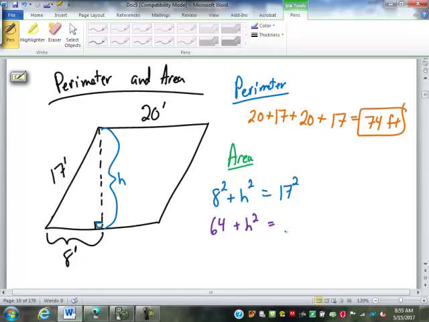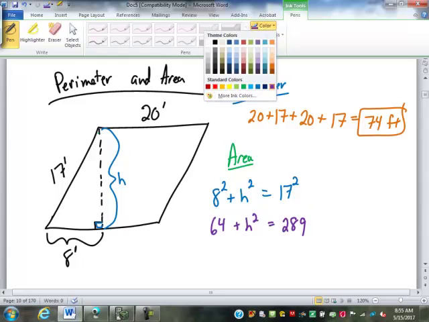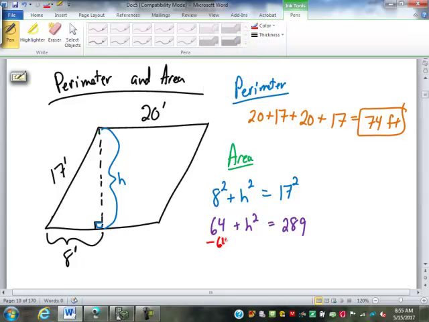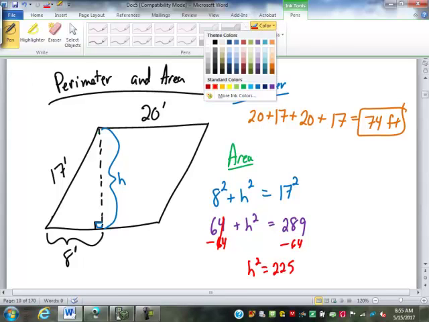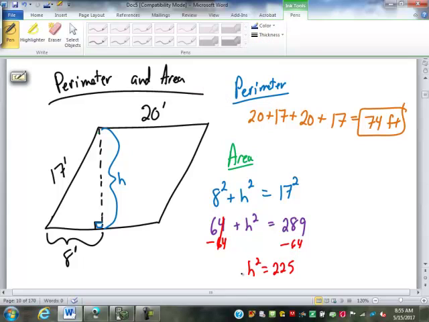H squared is going to be just h squared. 17 squared is 289, right? So I subtract 64. So h squared is 225. Then what? Square root it. So h equals 15.